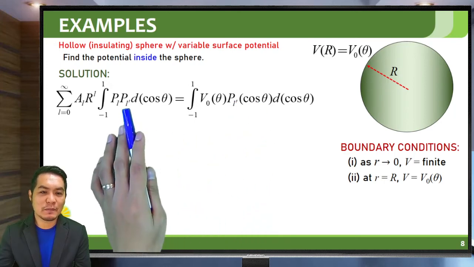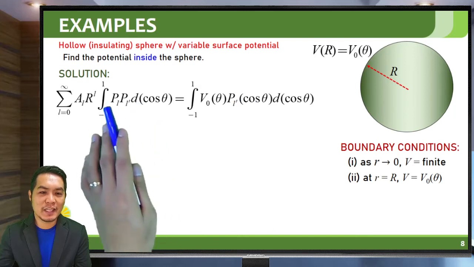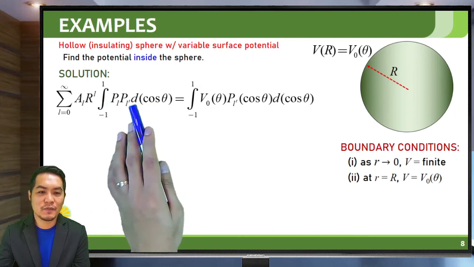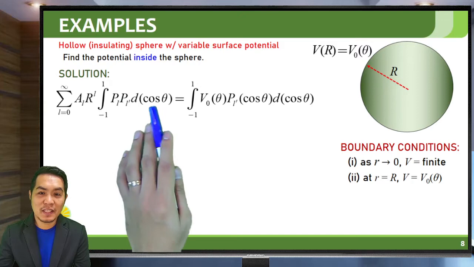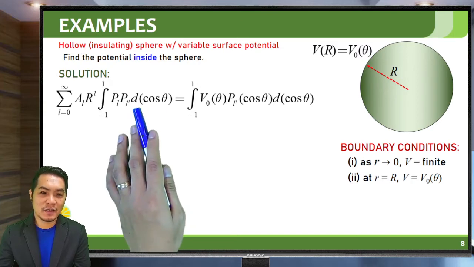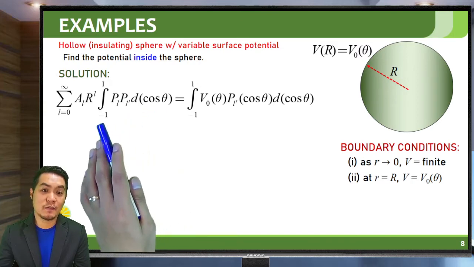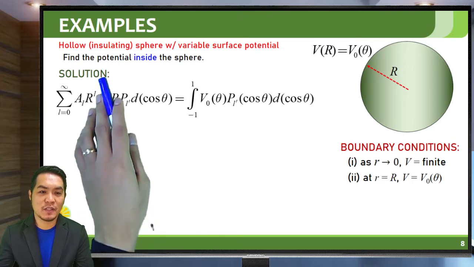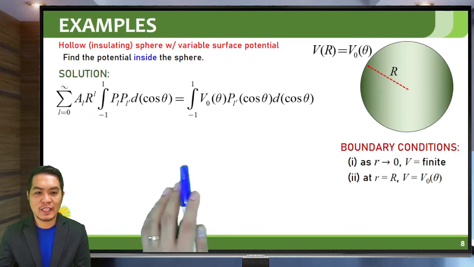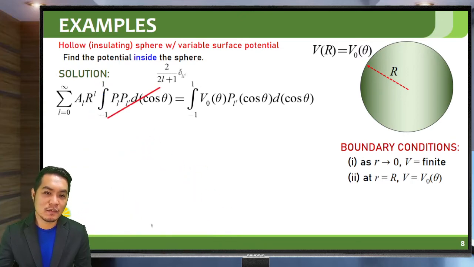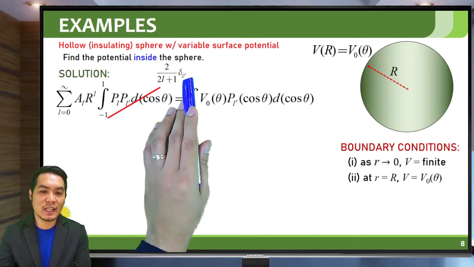So we multiply both sides by P_L prime cosine theta and integrate over d cosine theta. You don't need to expand this yet, because we just need to evaluate cosine theta from -1 to +1. And the answer of this is, of course, 2 over 2L plus 1 delta LL prime.